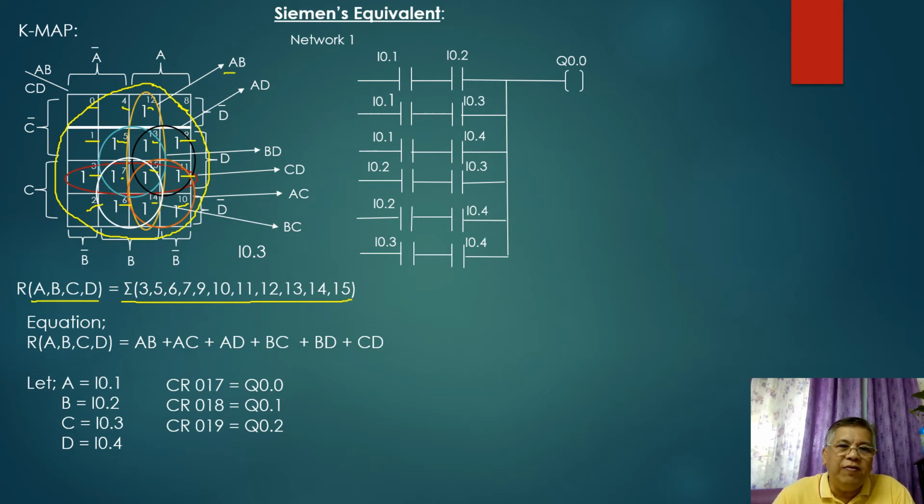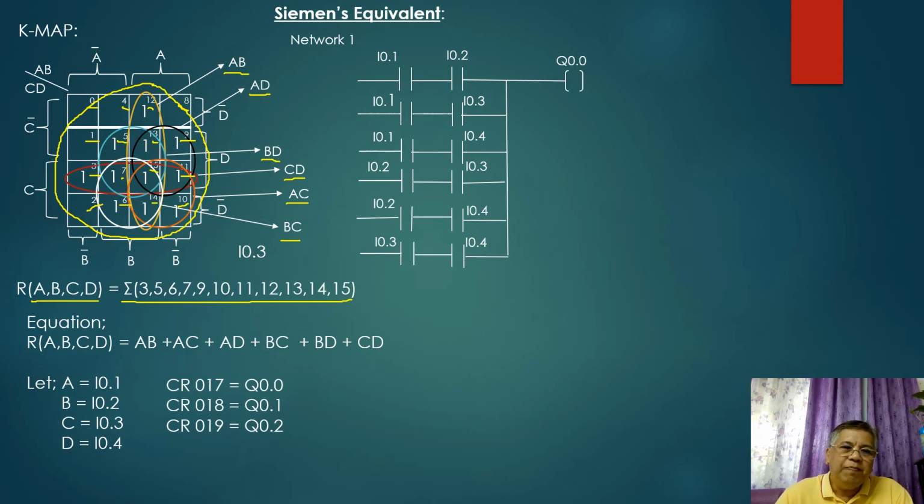The yellow grouping is under variables A and B. And then the next grouping is the black grouping, which is under A and at the same time under B. And then the next grouping is the blue group, which is under B and under D. And then the next group is the red group, which is under C and under D. Then the next group is the orange group, which is under A and under C. Then the last group is the white grouping of four adjacent cells, which is under B and at the same time under C.